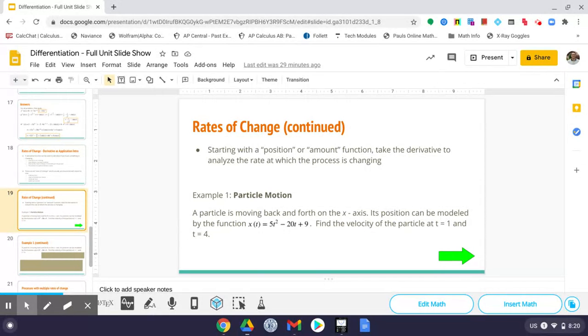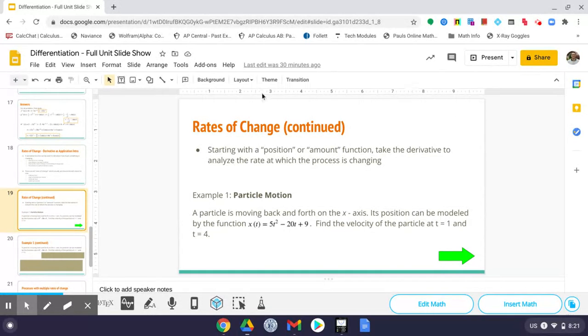All right. But in general, when we're talking about application problems that deal with rates of change, we always start with either a position function, which we'll see in the particle motion, or what I'm going to call an amount function, right? So the amount of something that is currently present or that is present over time.